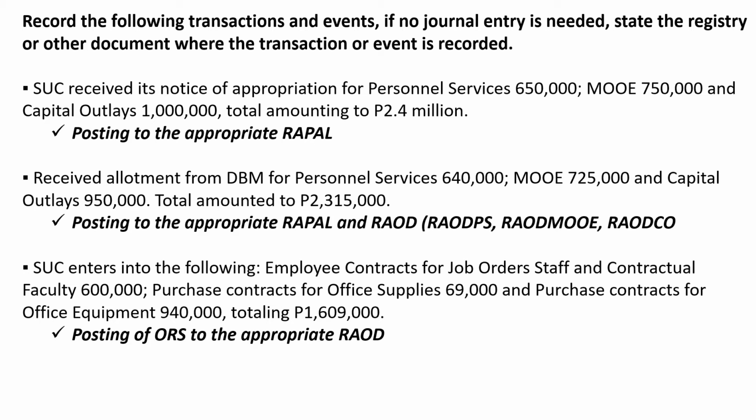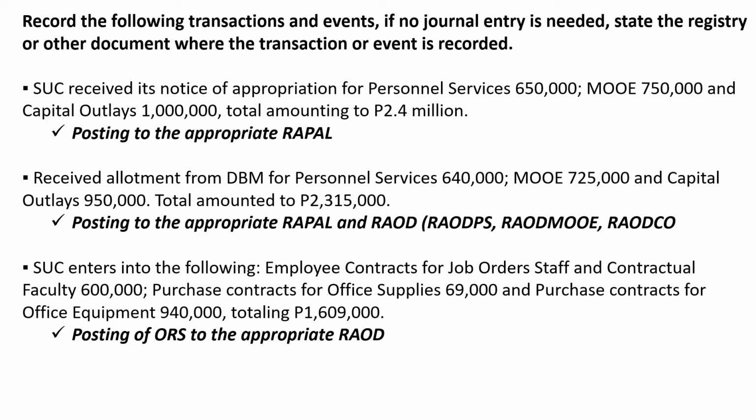So in the RAOD PS, we recorded a while ago the allotment on the allotment column, and today, in this transaction, we'll just post the obligation for 600,000 under the obligation column.